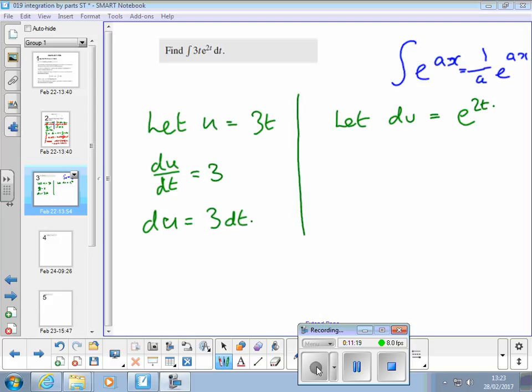Is that right so far? And then the integral of dv is, so we're finding v, is equal to the result of that integration: half e to the power 2t.